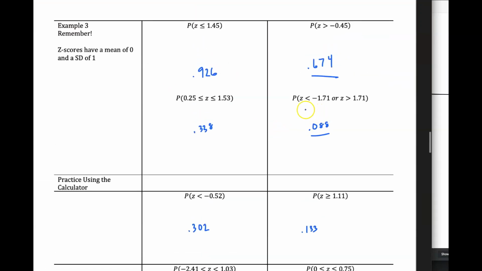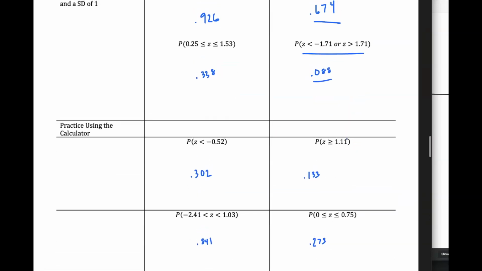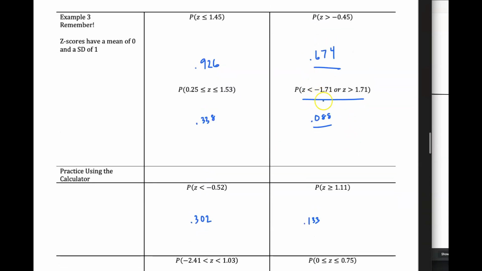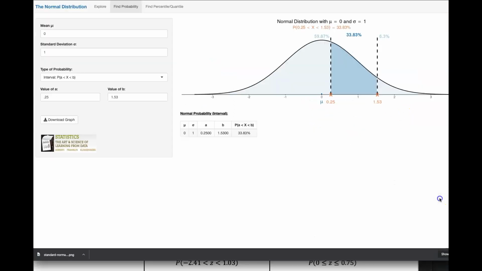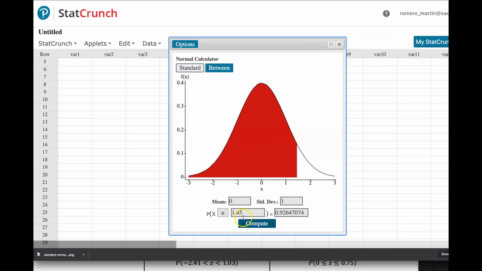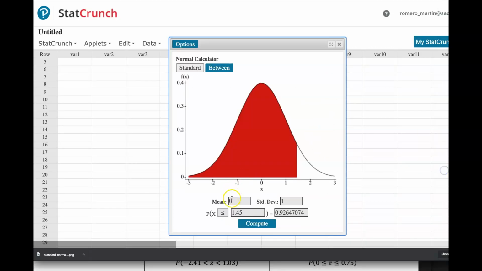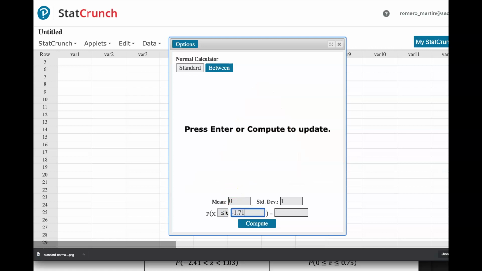Let's do this one here, the OR. On the OR, you're looking in two directions, to the left or to the right. So let's see what StatCrunch does. You just break it up into two pieces. The mean is 0, so I do the less than part first, negative 1.71.